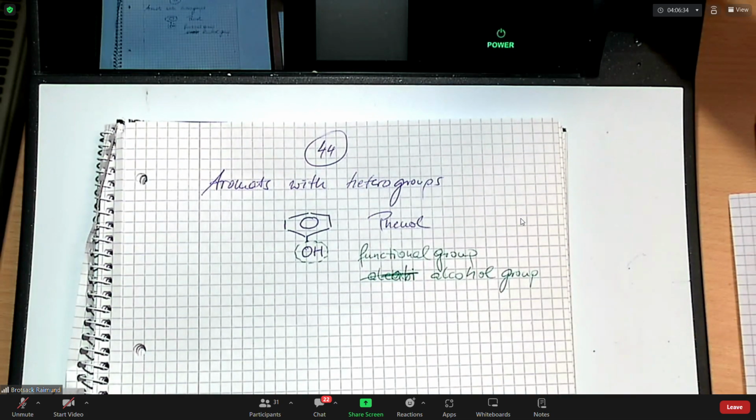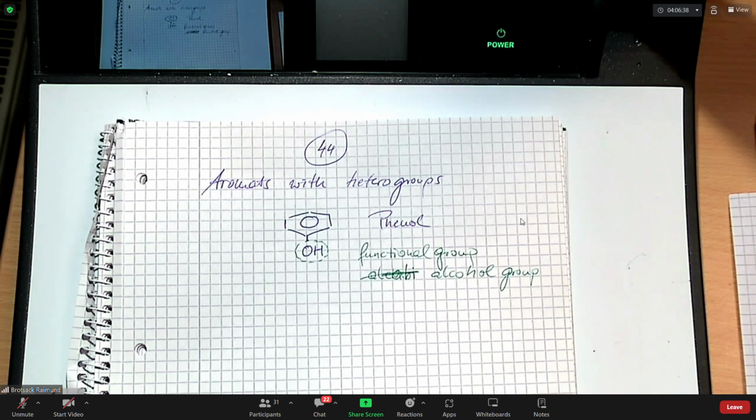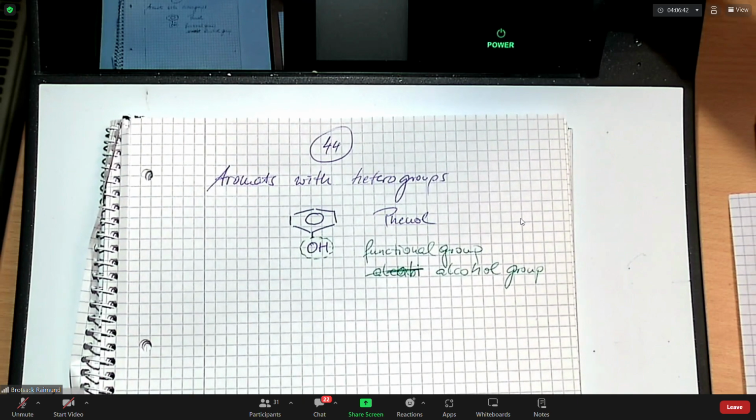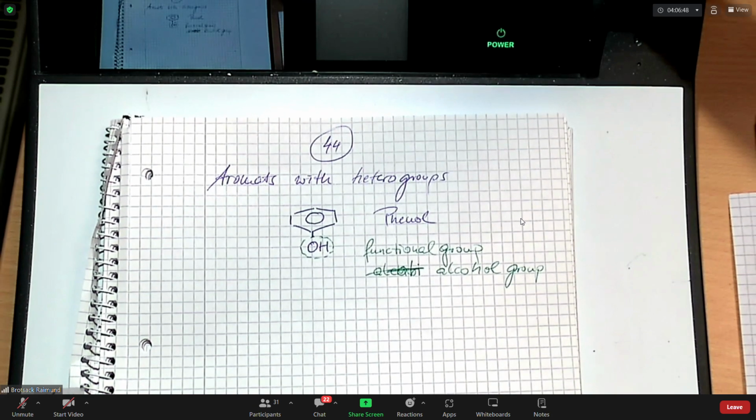Well, the OH always is symbolizing it is an alcohol group. And this phenol is the base structure of lignin. When we talk about wood, it is a lignocellulosic material. One part is lignin, and the other one is the cellulose.